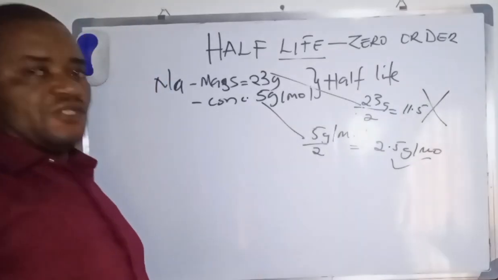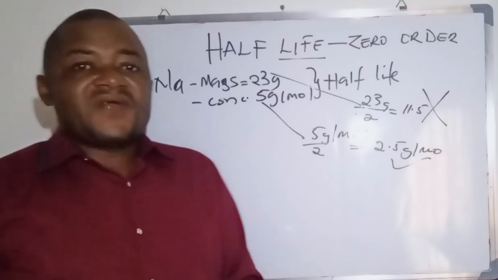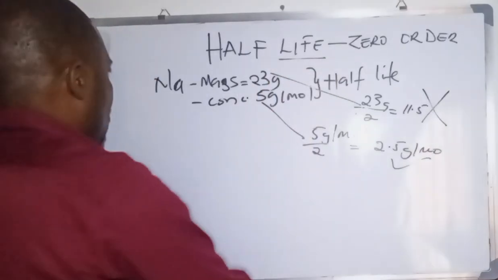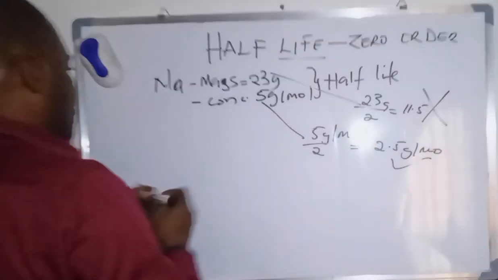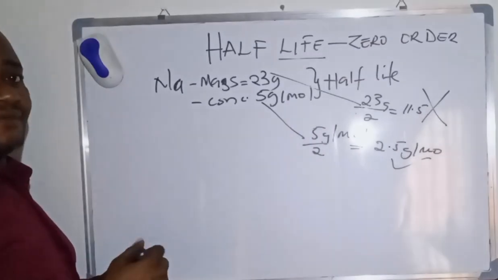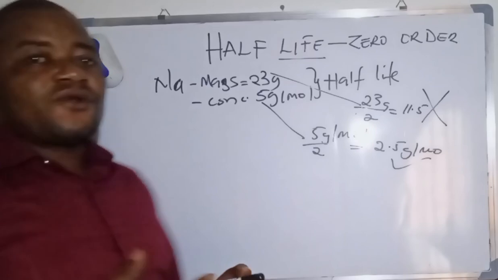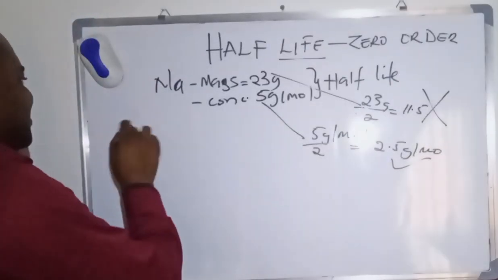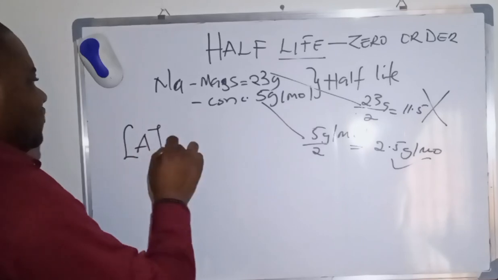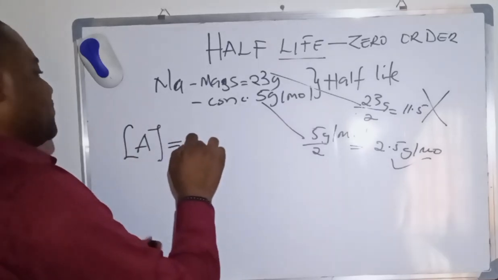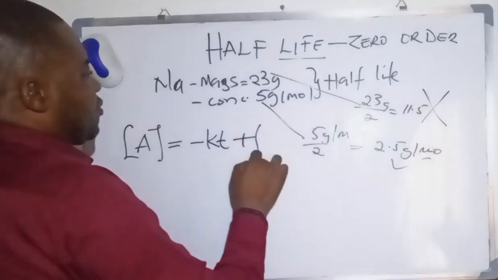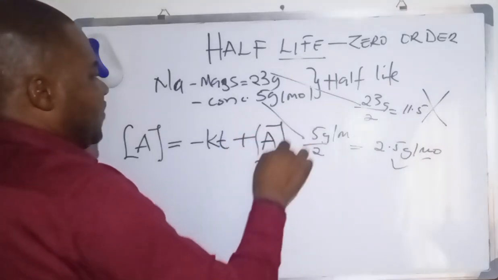Now, if that is true, how do we derive the equation for the half-life of a zeroth order? Remember that we said the zeroth order equation is derived and written as the concentration of A is equal to minus KT plus the concentration of A0.